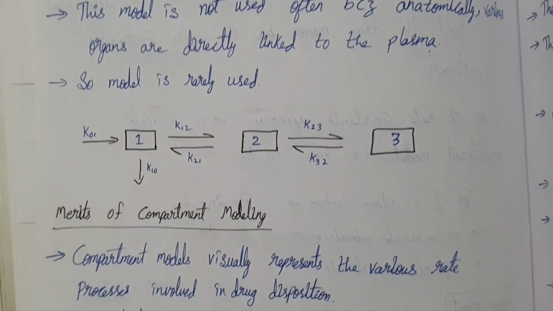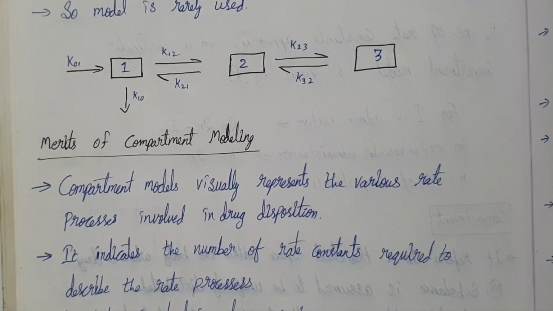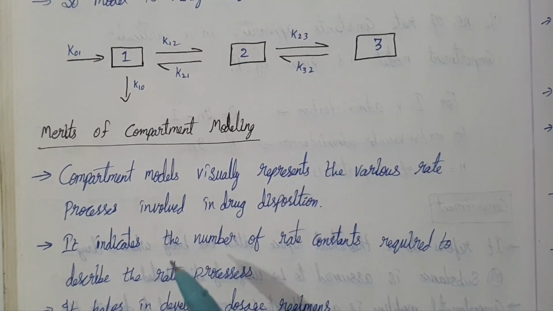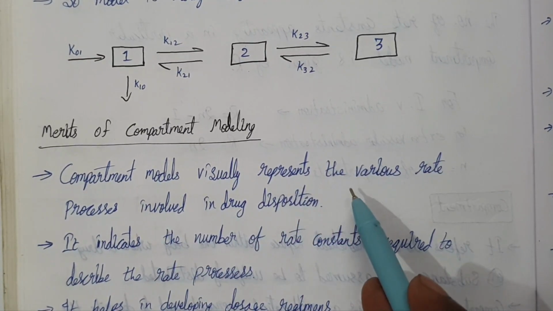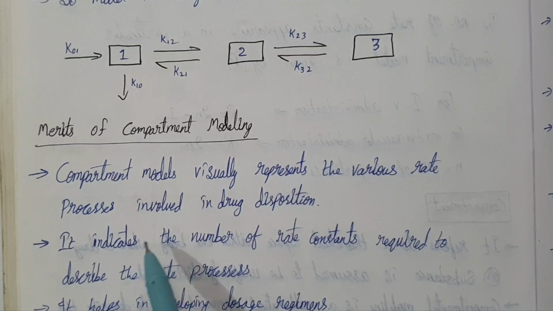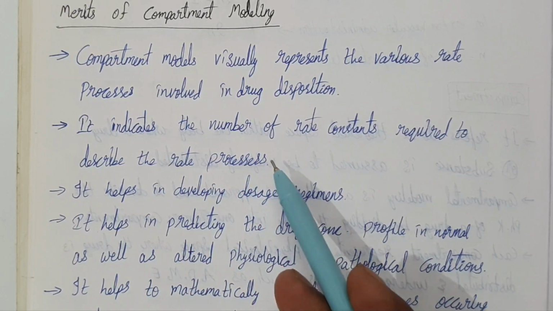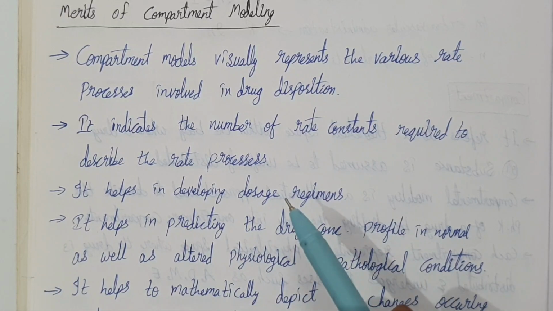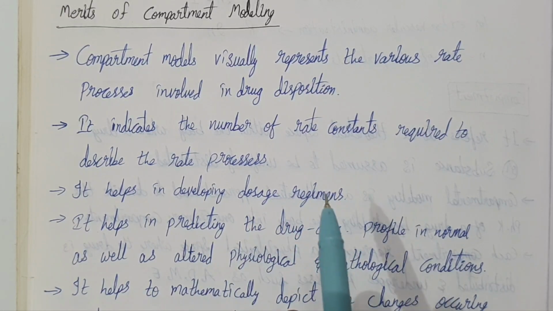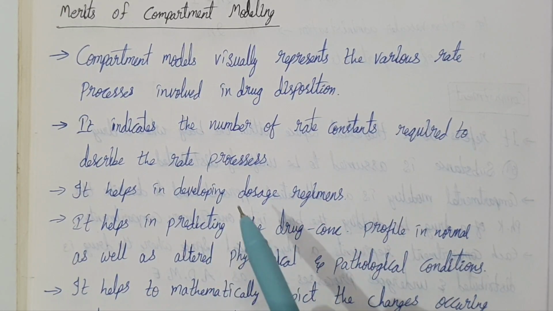Let's see the merits of compartment modeling. Compartment models visually represent the various rate processes involved in drug disposition. They also show the number of rate constants we need to describe the rate processes clearly. Third, this helps us to design a proper dosage regimen for patients.